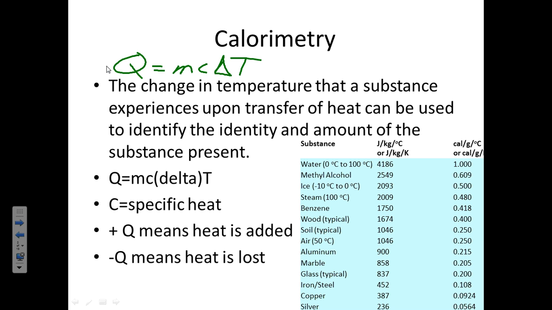No? Okay. I think you worked some problems with pieces of metal there, because she came and asked me about a problem. Anyway, we'll see a problem where you can use these specific heats to identify what the substance is that you're dealing with, because they're constant. Remember that if it's a positive Q, that means heat is being gained. If it's a negative Q, it just means heat's being lost.